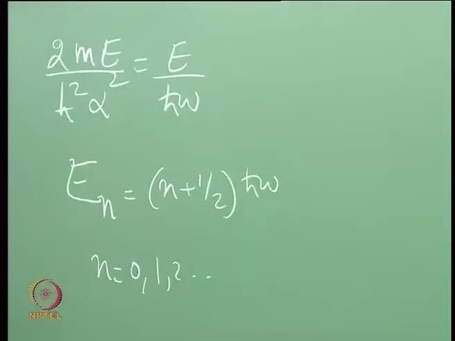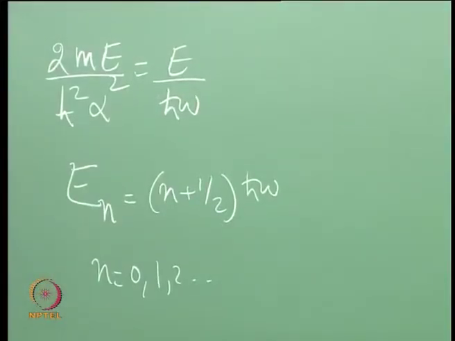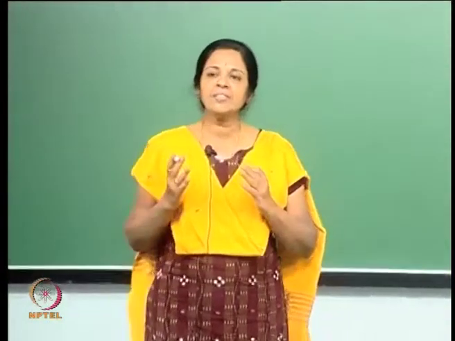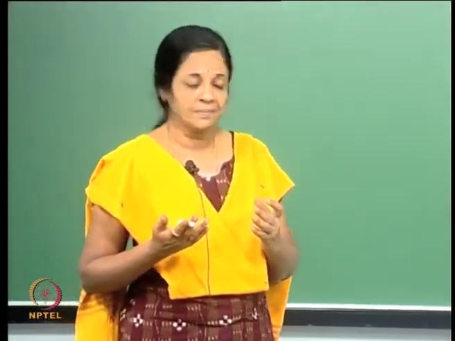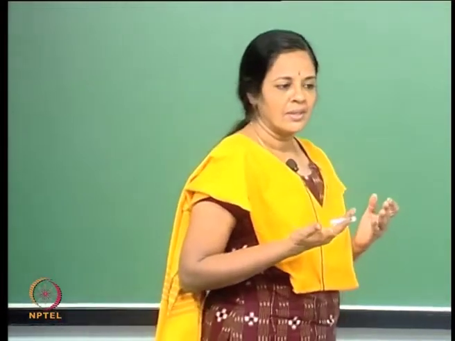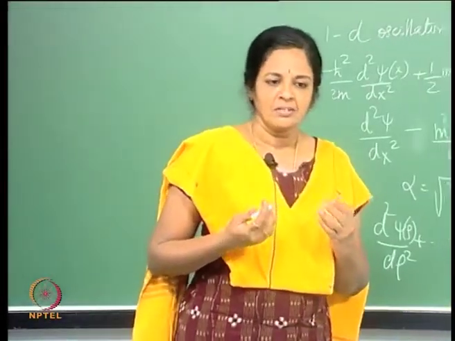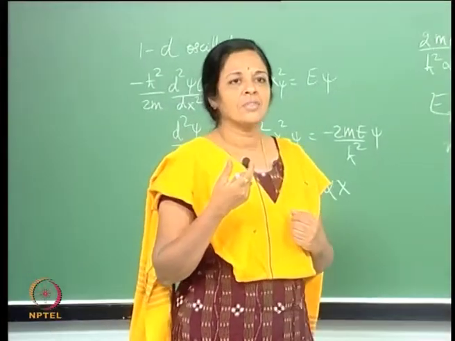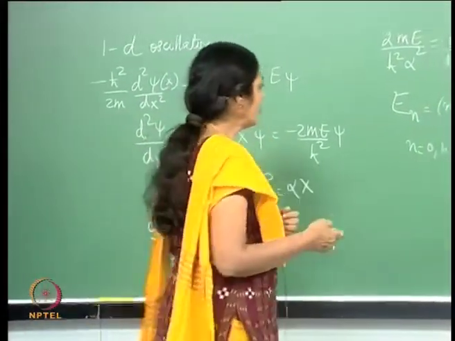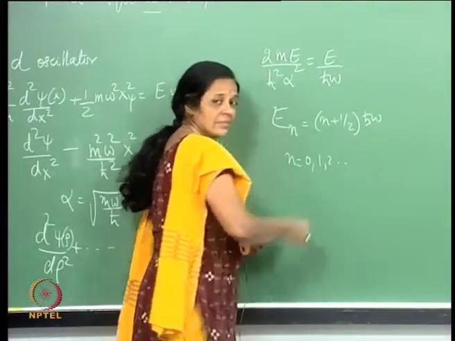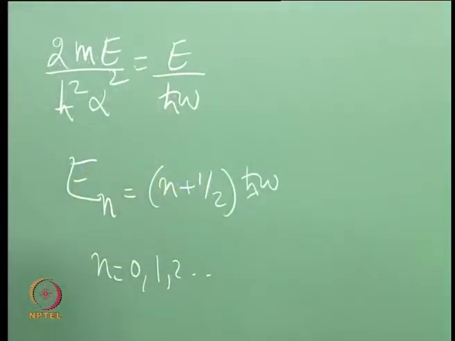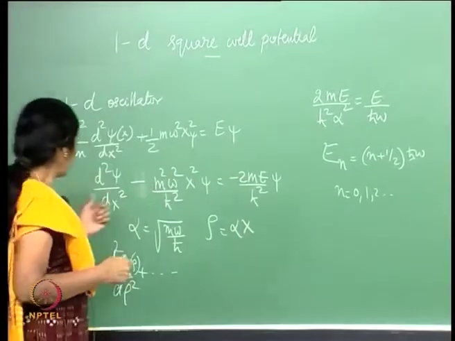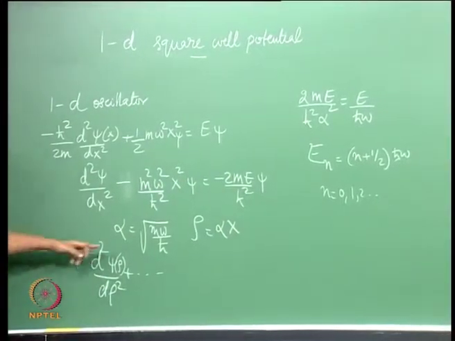So what is it that we have done? The message that it gives us is the following. Identify length scales, energy scales in the problem. Find out the energy eigenvalues in the problem in terms of that energy scale, in units of h cross omega. The reason why I had a length scale in the problem was, in this case, to go to dimensionless variable.